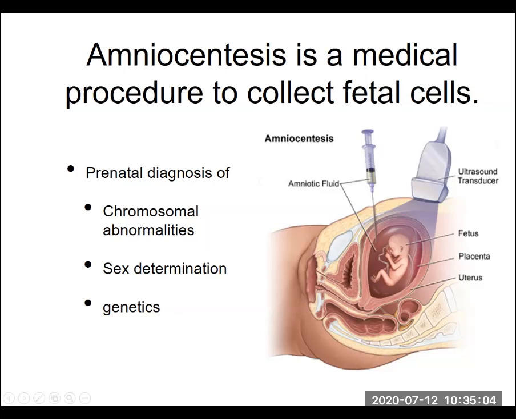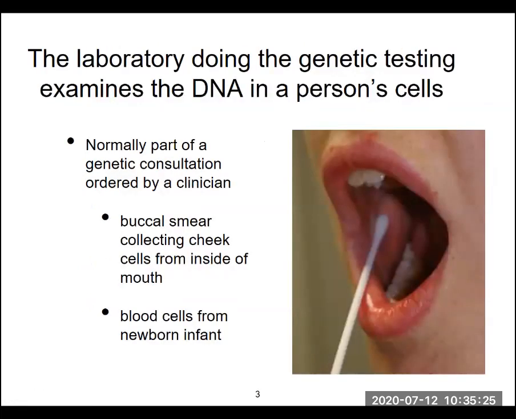The amniotic fluid is that fluid-filled sac that wraps around the fetus within the placenta and cushions it. But the important thing is that within the amniotic fluid is a collection of fetal cells. And so we can collect these cells and study the DNA from them, similar to the way that we would do it in the situation here.